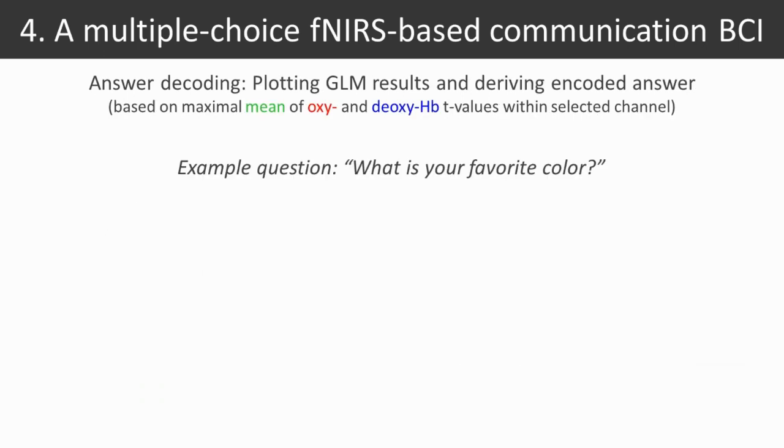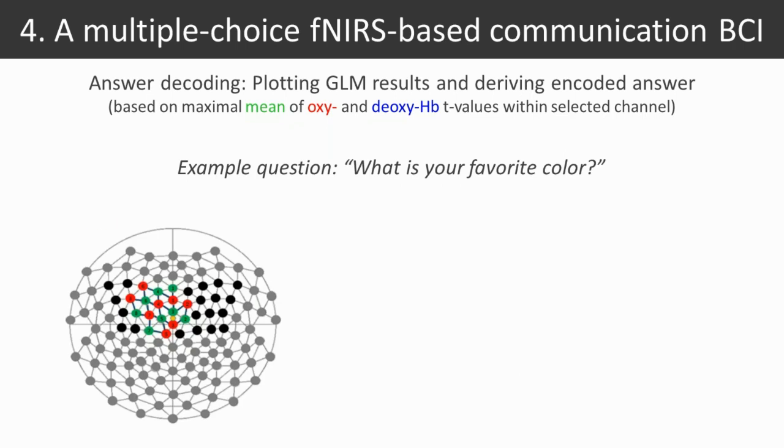So, for example, here when we go back to our question, what is your favorite color? We have used channel source 8, detector 8, which refers to ventral premotor cortex, I would say, on the left hemisphere.